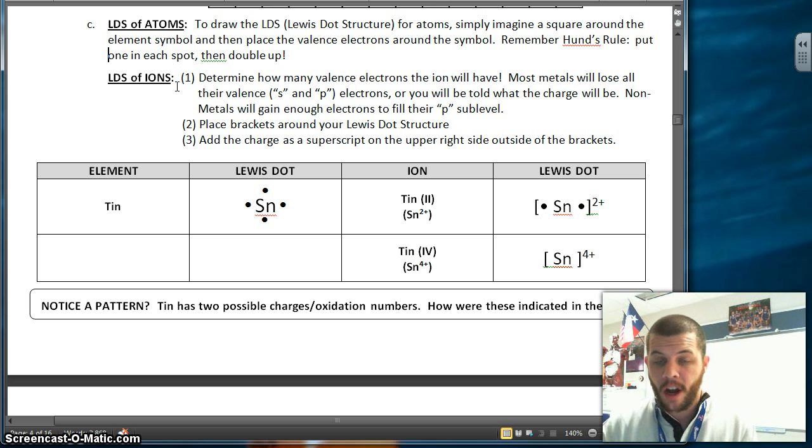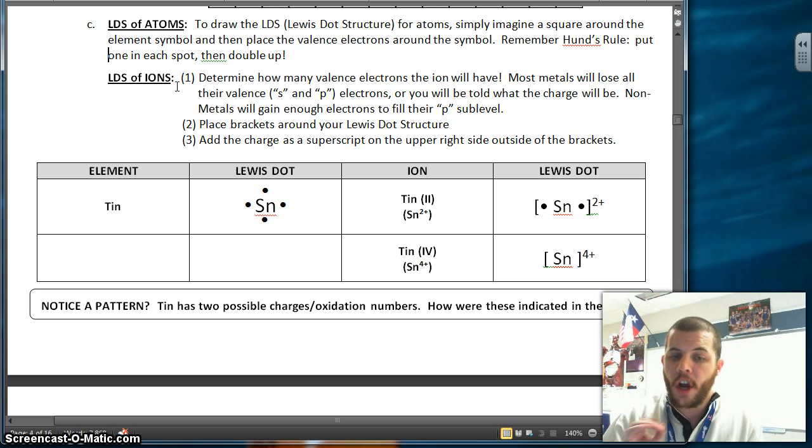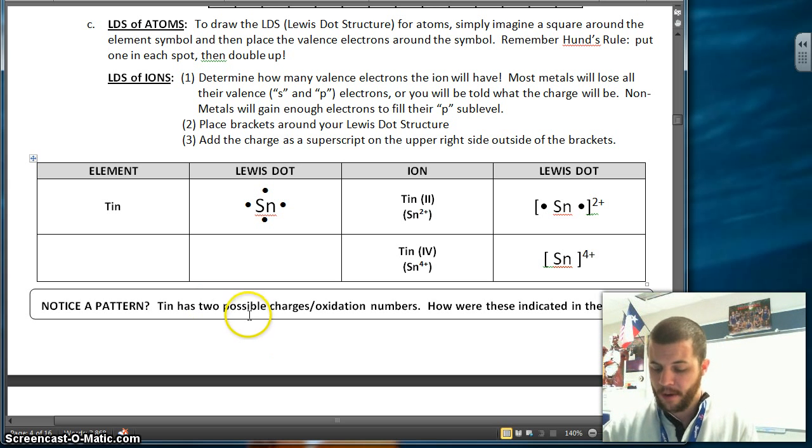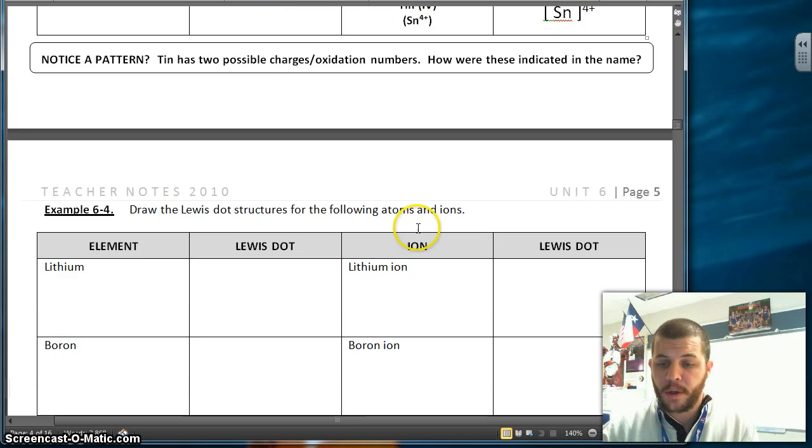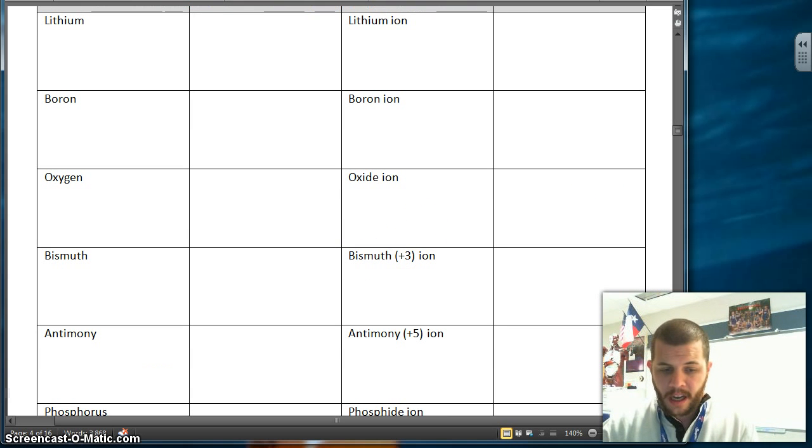If it is a non-metal, it's a gainer, and so it's going to gain electrons. Either way, you have to put brackets and a charge onto an ion for a Lewis dot structure. So let's go ahead and do some examples here.